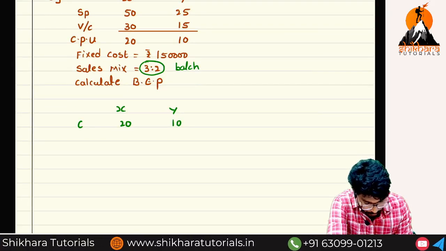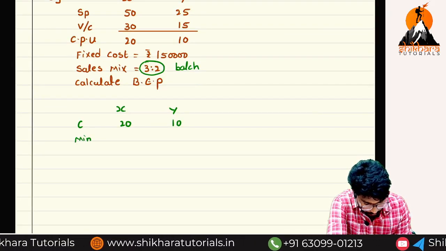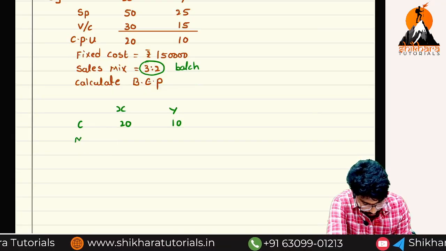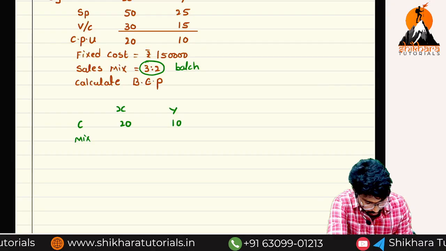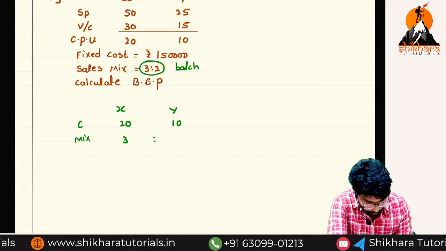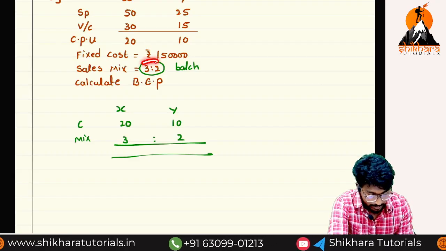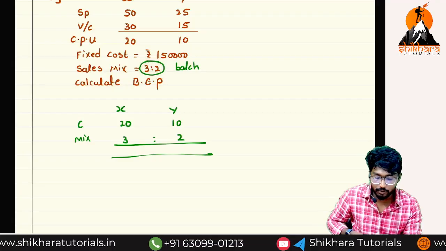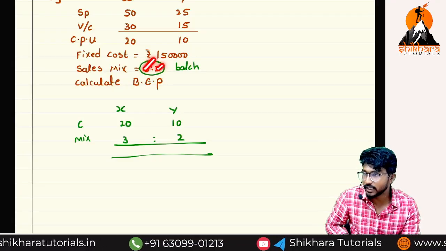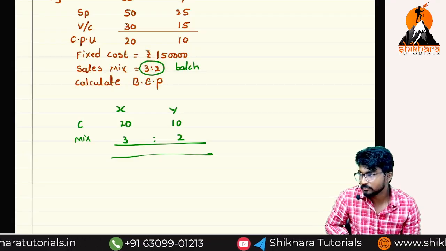The sales mix is 3:2, so I am taking 3 units of A and 2 units of B as one batch.